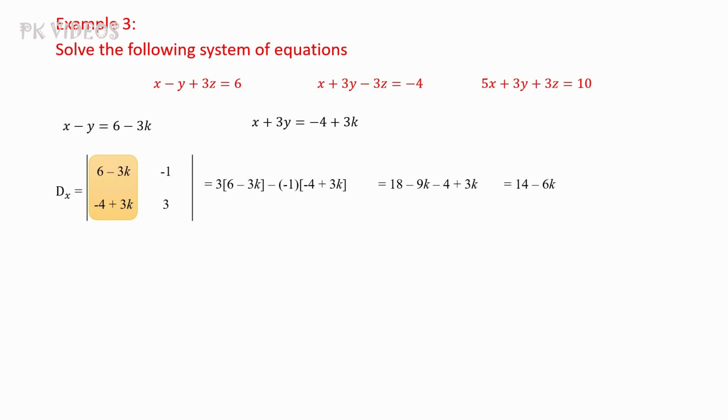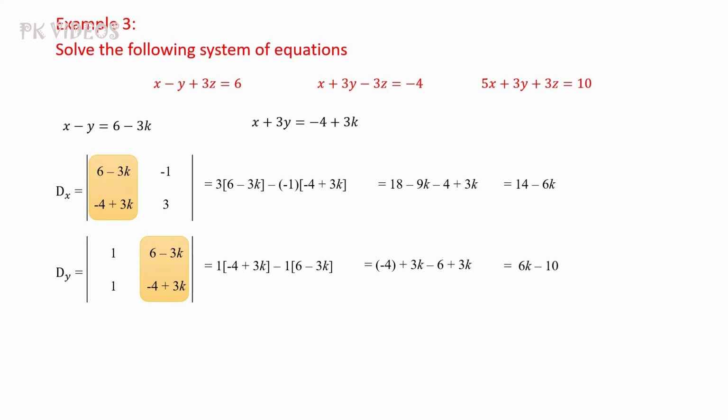Then determinant dy can be calculated by replacing the coefficient of y with these constants. Again, when you calculate this and simplify it, we get the determinant dy as 6k minus 10.